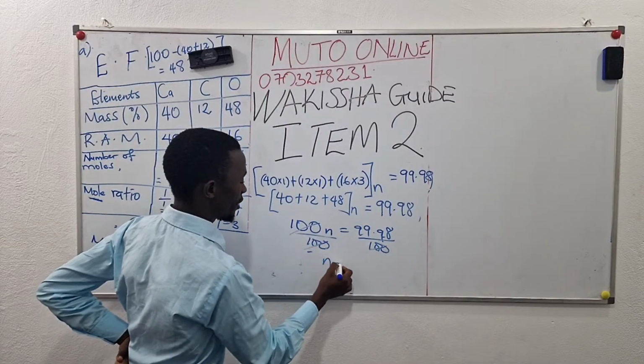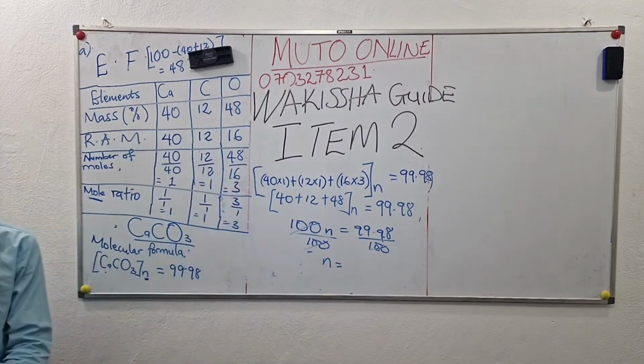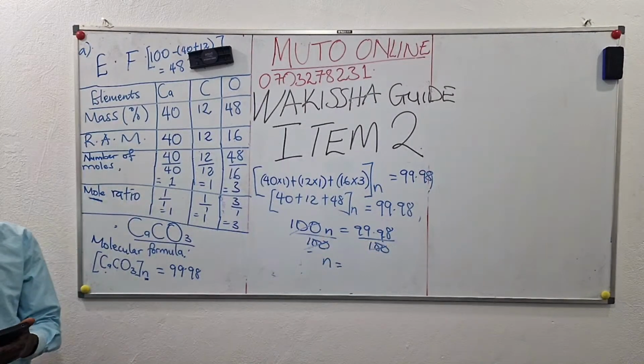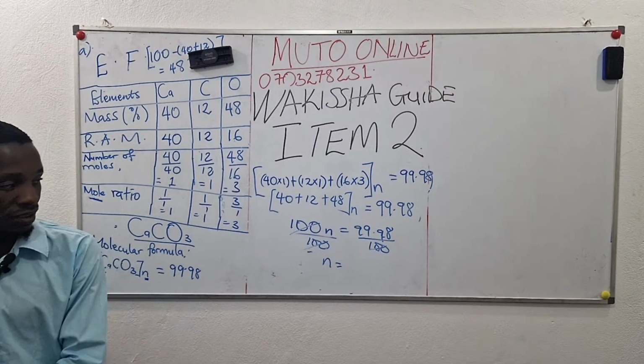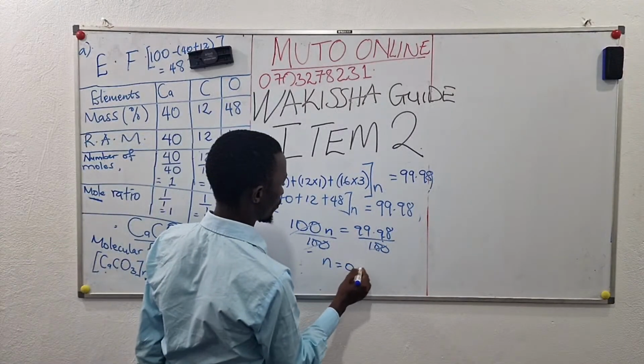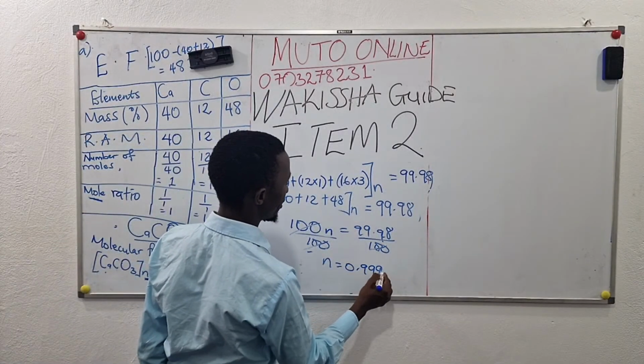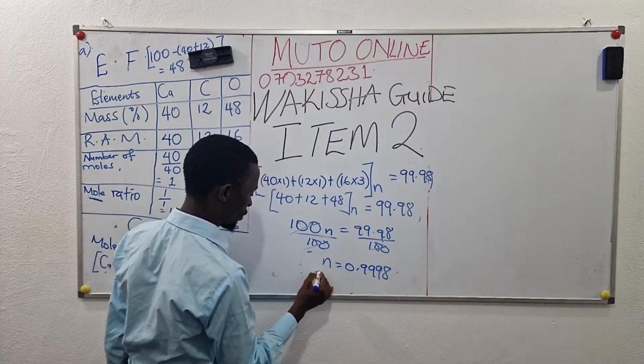So this n, we shall have 99.98 divided by 100, giving us 0.9998, which is approximately 1.